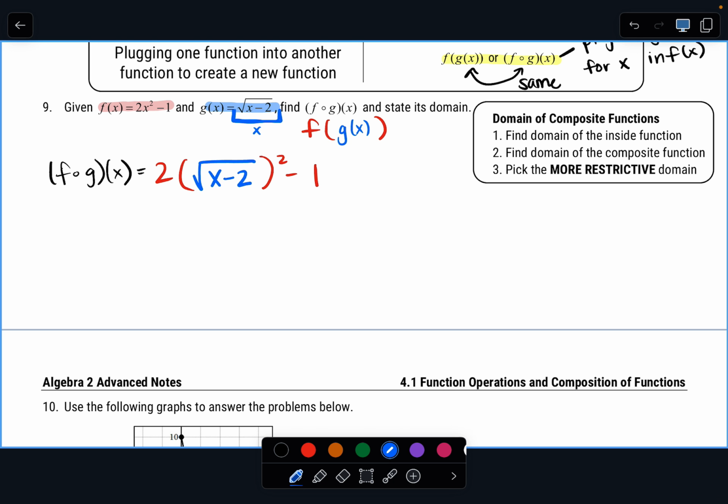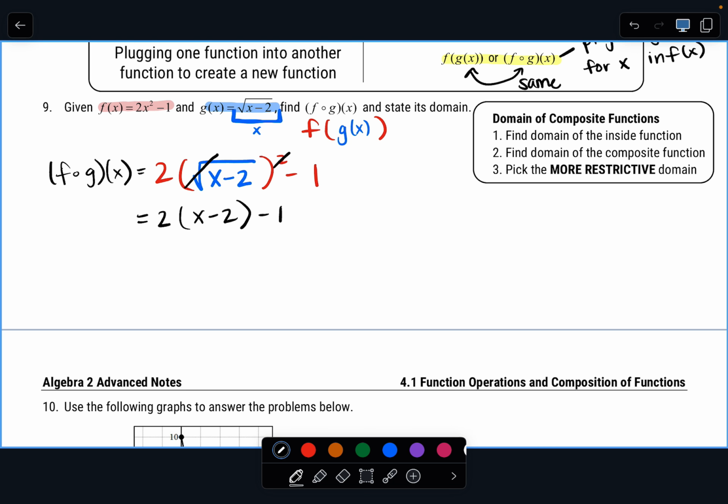Now, whenever you do this, there's usually some simplification that can happen. What happens when I have a square root and I square it? They cancel out, right? So this square and this square root cancel each other out. So I'm left with 2, don't lose the parentheses yet, minus 1. And so simplify as much as you possibly can.